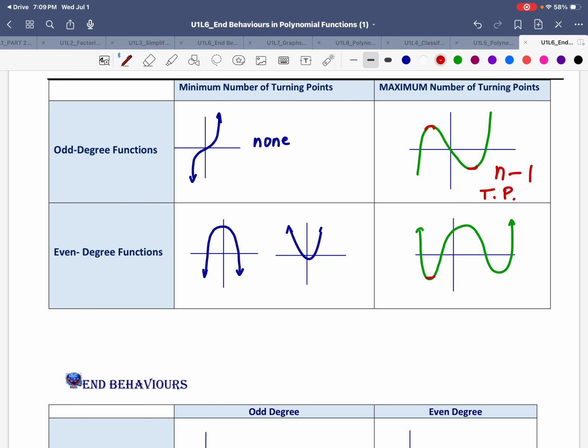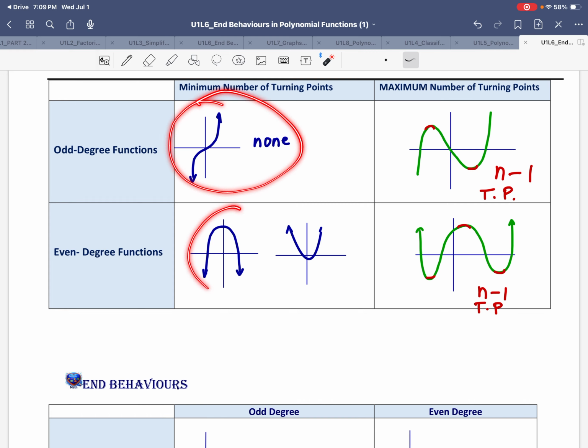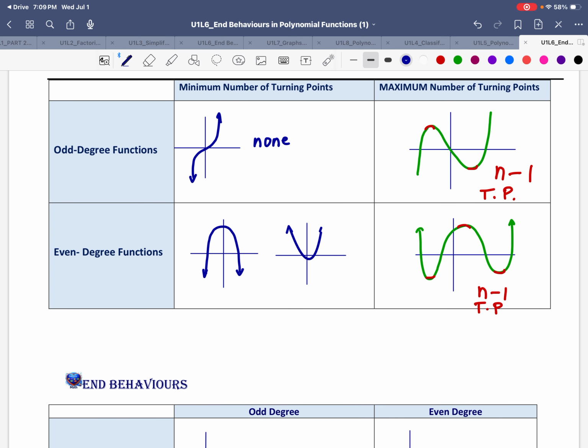So the maximum number of turning points doesn't depend on whether it is even or odd. We just know it's going to be n minus 1 turning points, whereas the minimum is specific to odd or even degree polynomial functions. So we're going to say at least 1 here.